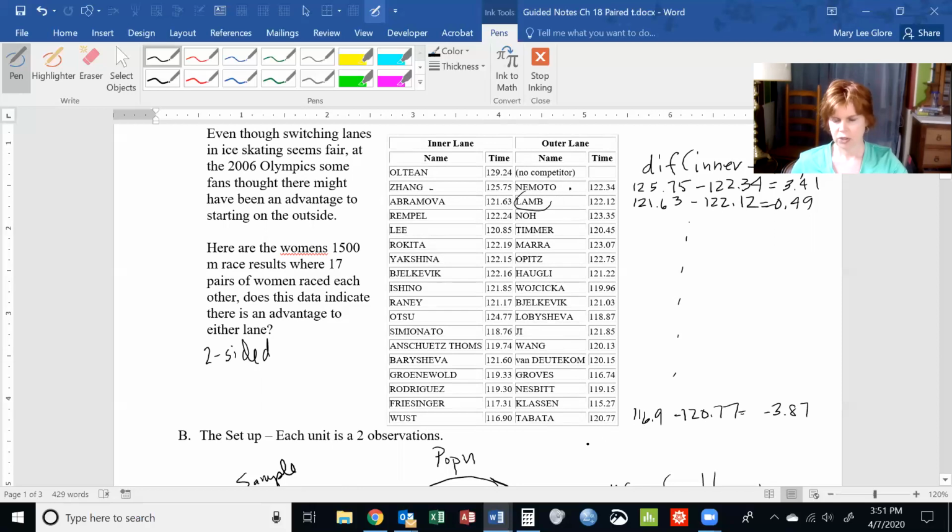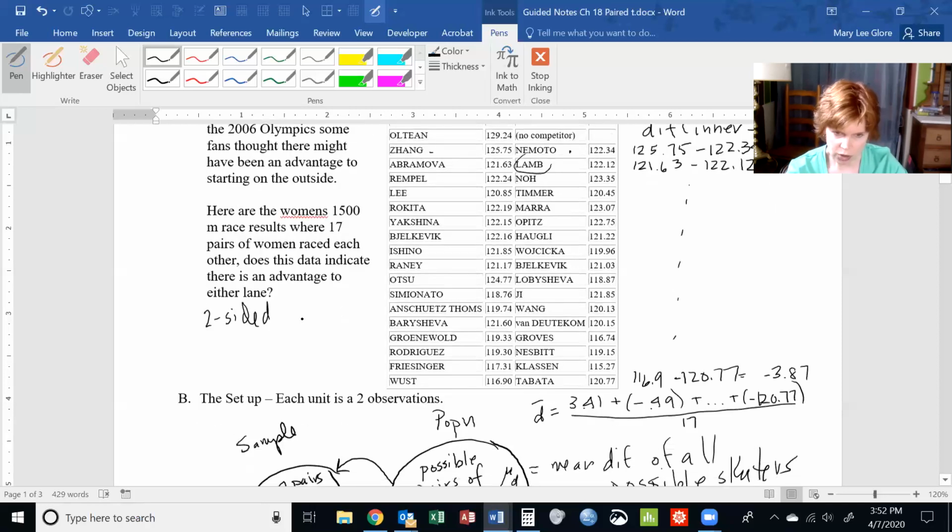All right, so D bar, that is going to be the average of all those differences. So that would be the 3.41 plus this one's a negative 0.49 plus all the way to the end, plus negative 3.87, and I would take all of that over 17. All right, so that's the average difference. That's what D bar is.